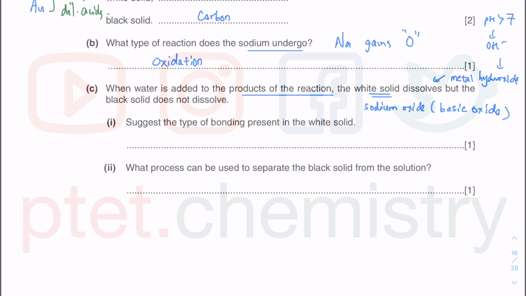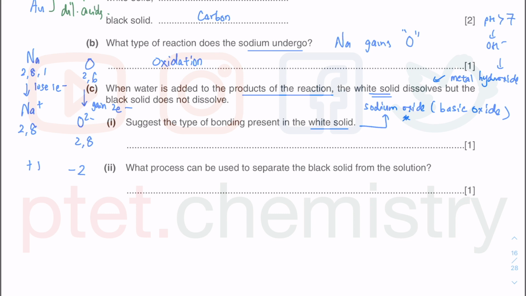So what type of bonding is present in the white solid? The white solid was sodium oxide. What we have is Na plus, being a group 1 metal. So Na is 2,8,1. When you go to Na plus, it becomes 2,8 because it loses 1 electron. Oxygen is 2,6. So what happened then is it will gain 2 electrons, and you will become anion O2 minus, which becomes 2,8. Now what happened is plus 1 for the charge of Na plus, minus 2 for the O2 minus.